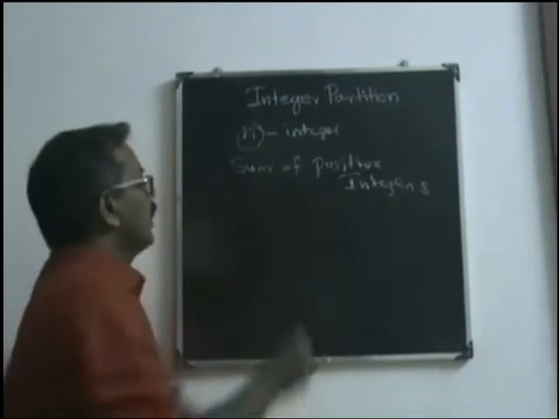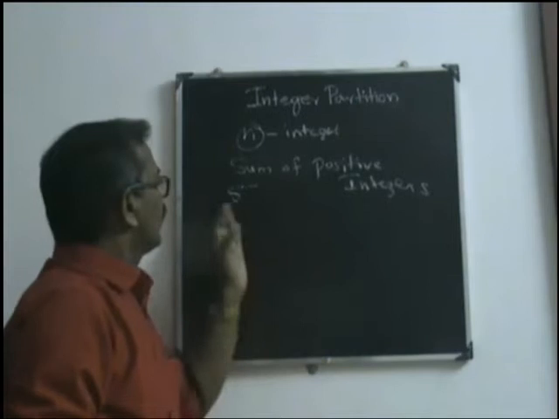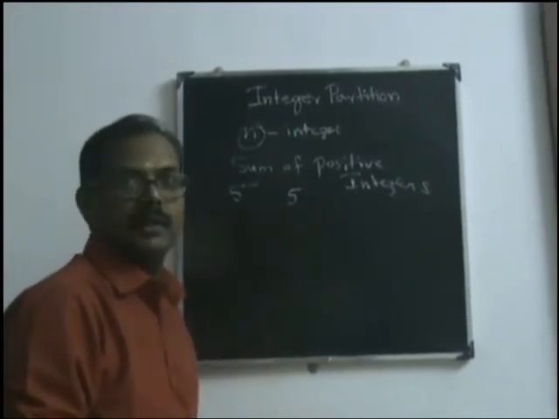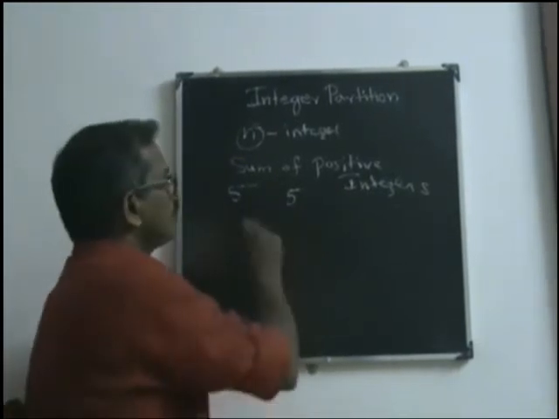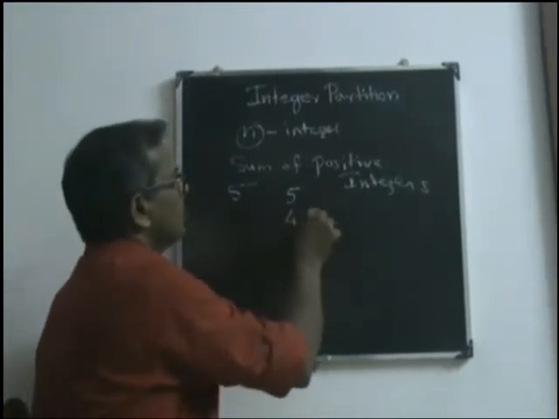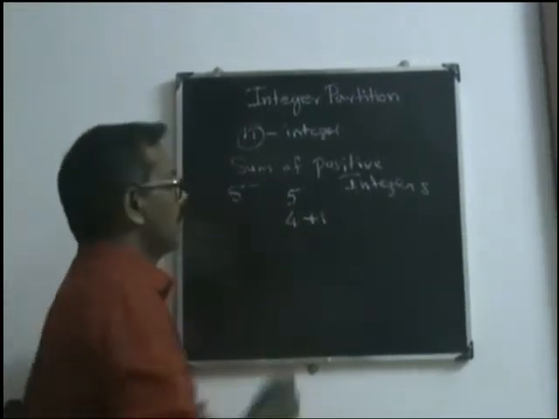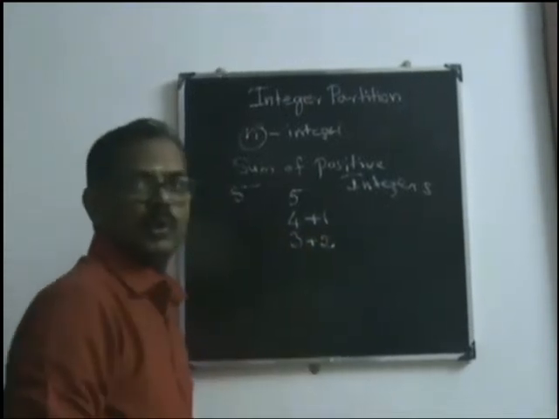For example, if you take 5, we can write 5 itself as a partition, because this is a positive number. Otherwise, we can write that as 4 plus 1, a sum of two positive numbers, or we can write that as 3 plus 2.